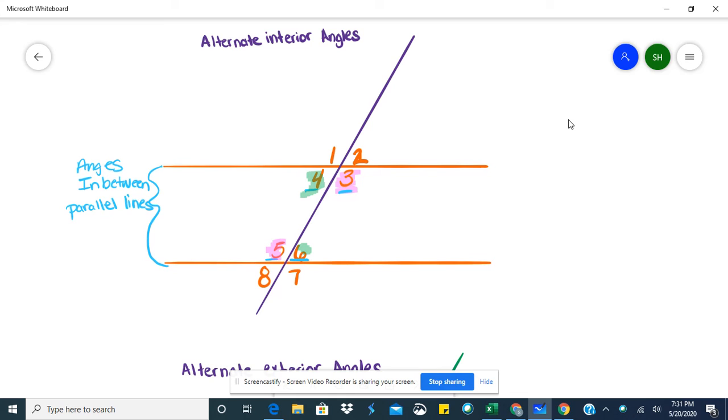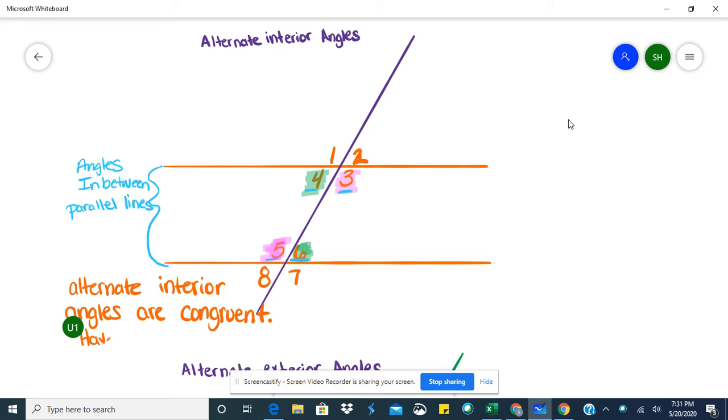So alternate interior angles are congruent. They have the same degree.